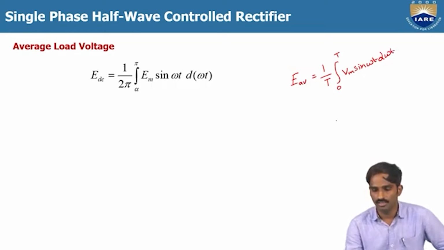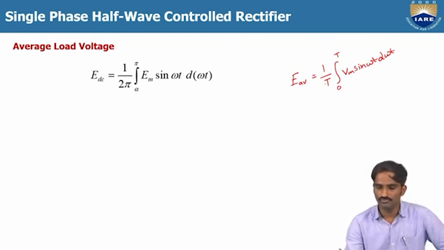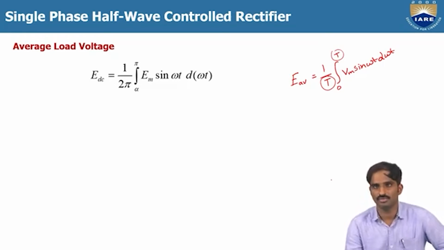This is the general equation to find the average value of a sine wave. So here we should identify what is this T and this T. They are not the same, because this T is the total time period and this T is only the conduction time period. First we should identify the total time period and the conduction time period.